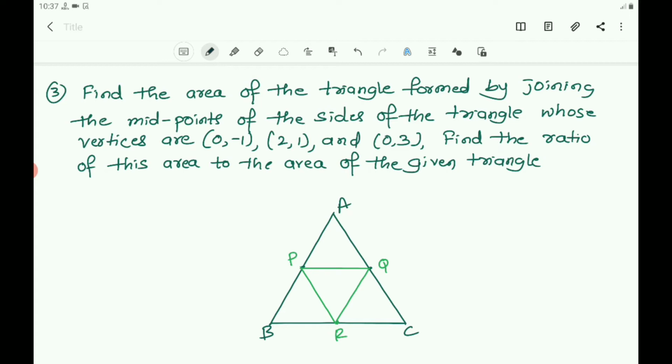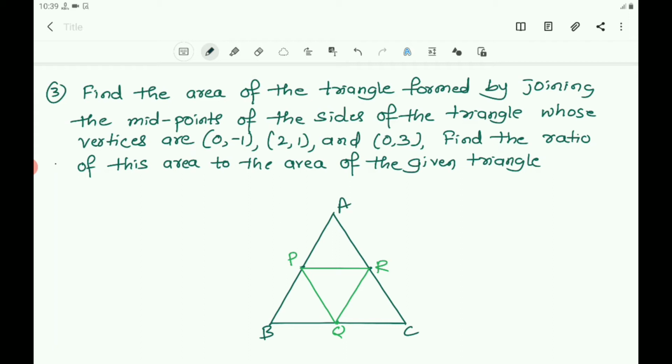Here consider the given triangle is triangle ABC, and P, Q, R are the midpoints of the sides AB, BC and AC respectively. Now we have to find the ratio of the area of the triangle PQR and triangle ABC.